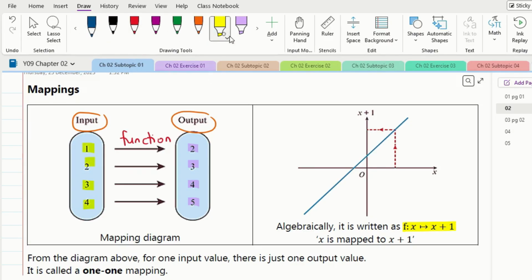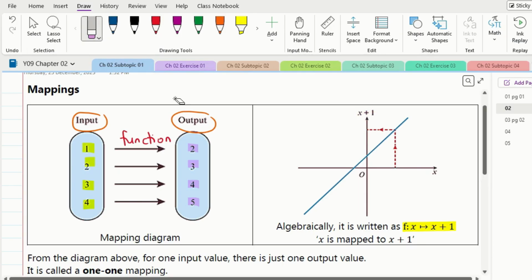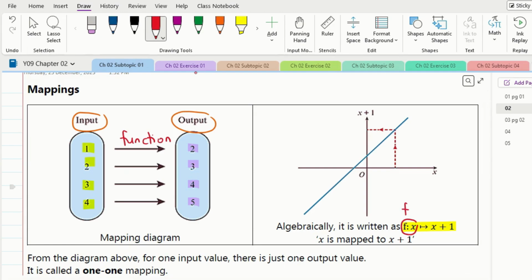So this is what the diagram of the x plus 1 function looks like, and it can also be translated into a graph. This is a notation that you can use, but most of the time you will see this form also, which is f(x).